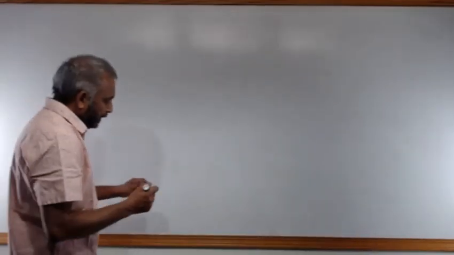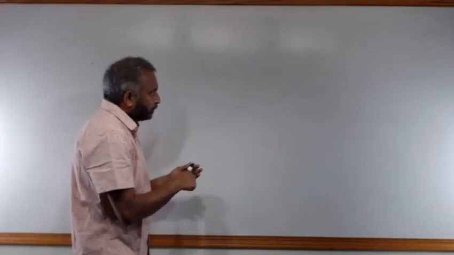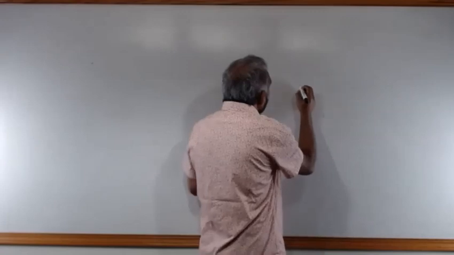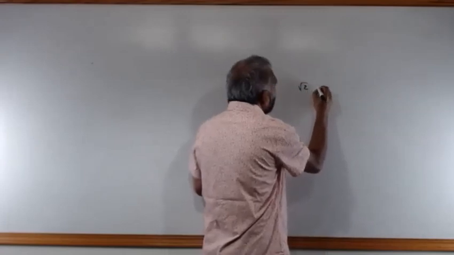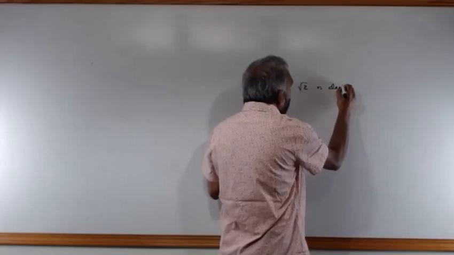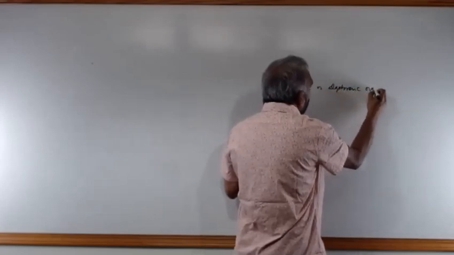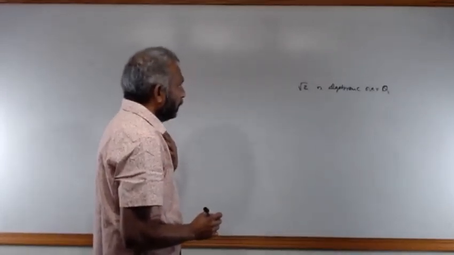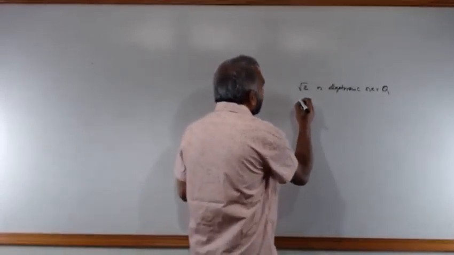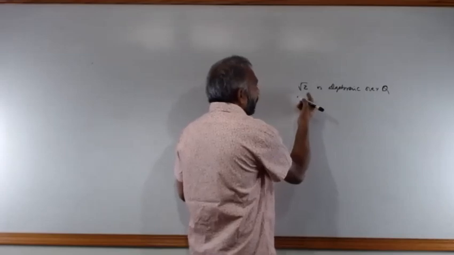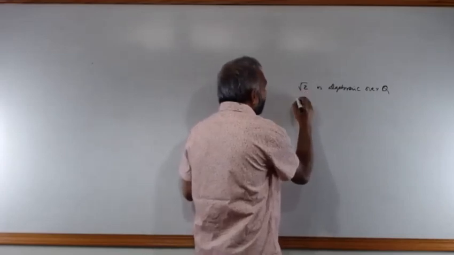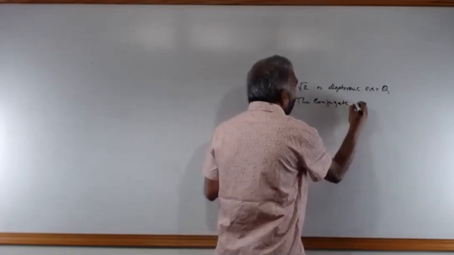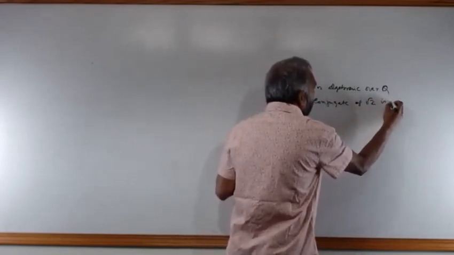Now let us do some examples on conjugate isomorphisms. Root 2 is algebraic over Q. And the conjugate of root 2 is minus root 2.